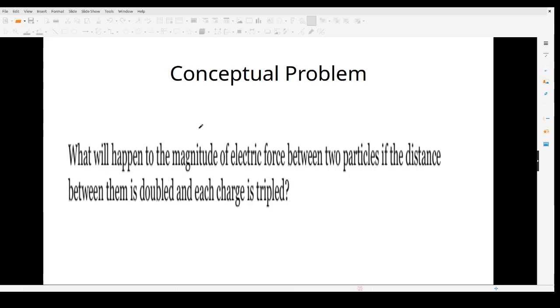What will happen to the magnitude of the electric force between two particles if the distance between them is doubled and the charge is tripled? Okay.